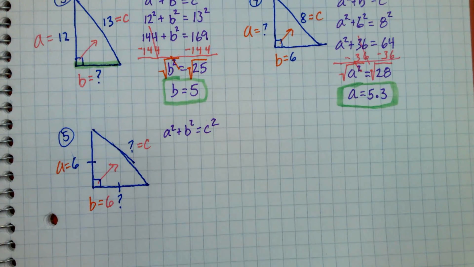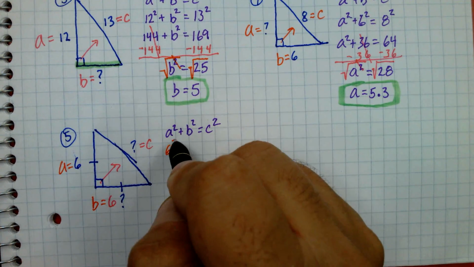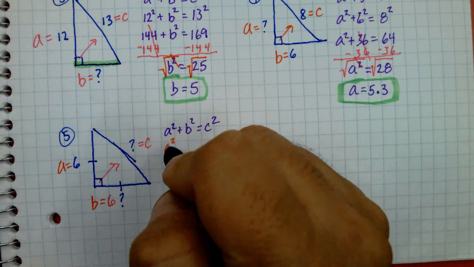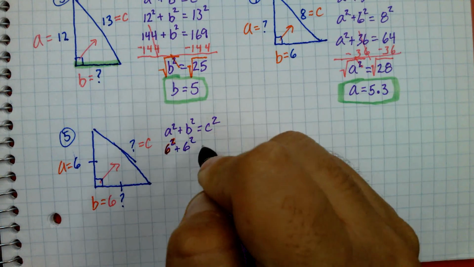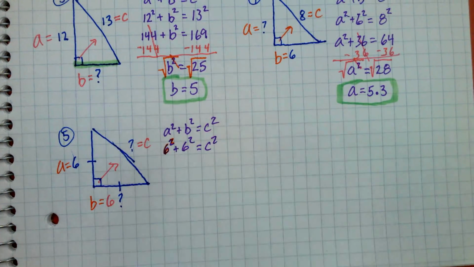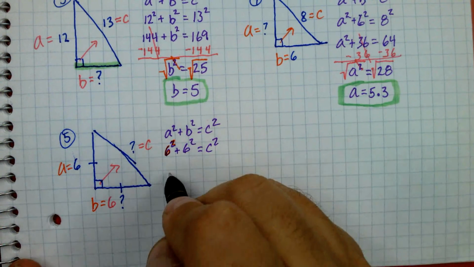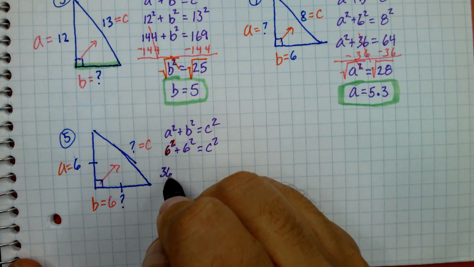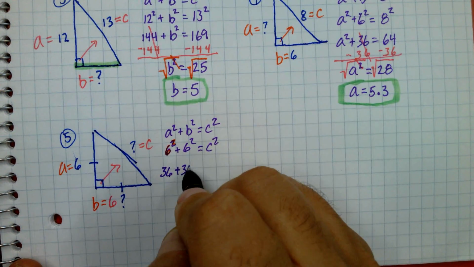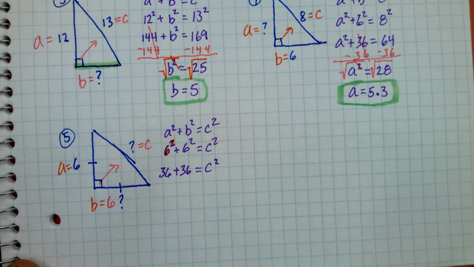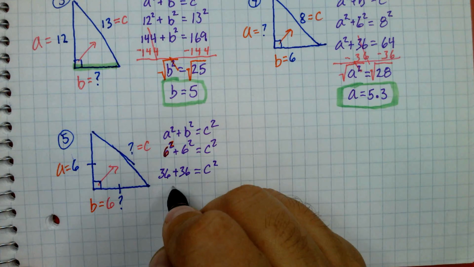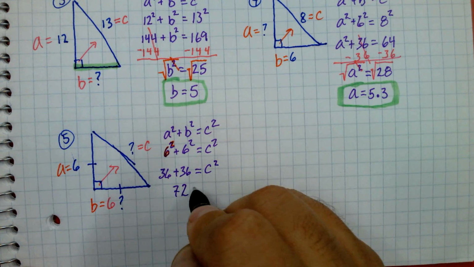And we'll replace this with 6 squared, and 6 squared equals C squared. Oh, 36 plus 36 now. 72.